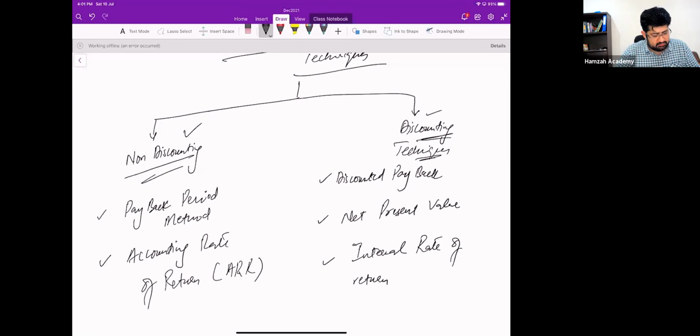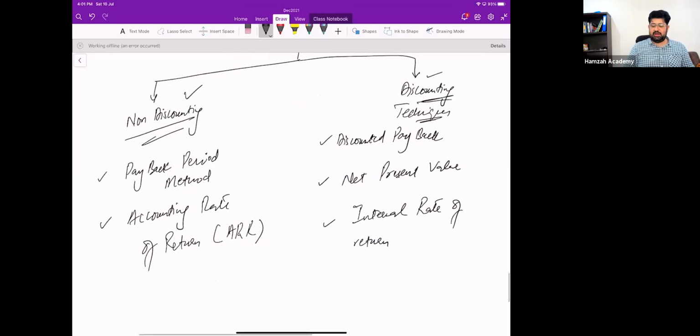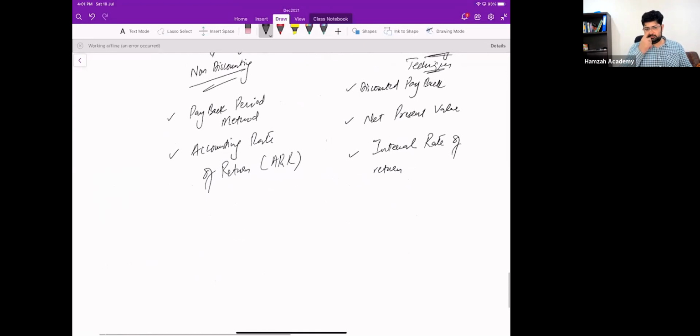Internal rate of return, IRR. Now let us talk about it further.